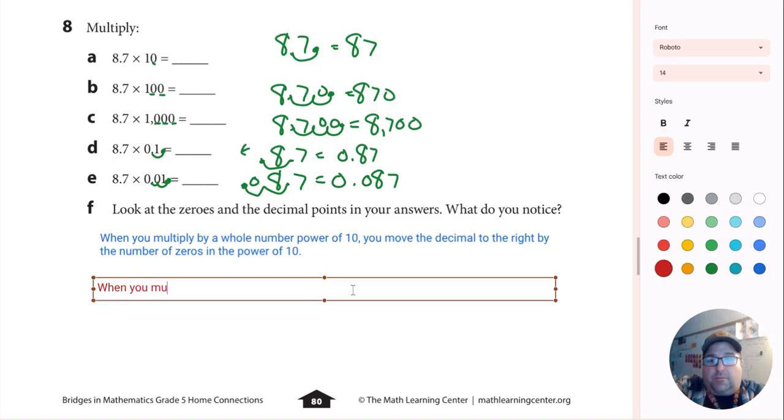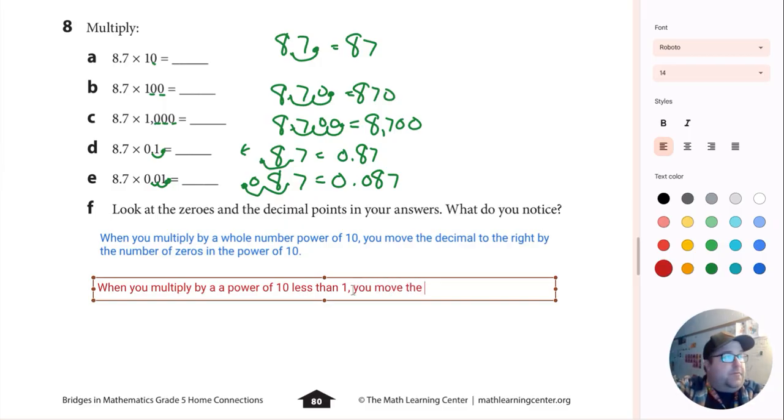When you multiply by a power of 10 less than 1, so smaller, right?